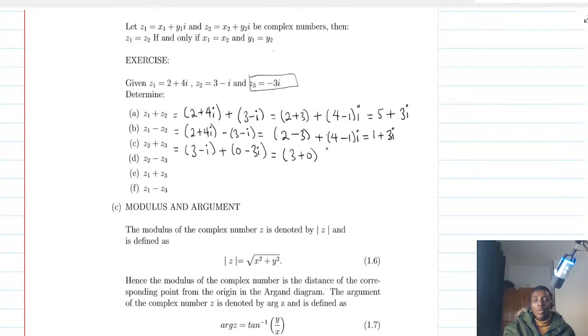Now when you come to the imaginary part, it's going to be minus i plus minus 3i. Yeah. Okay.